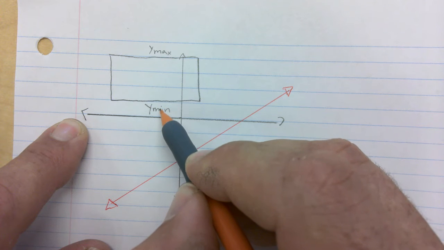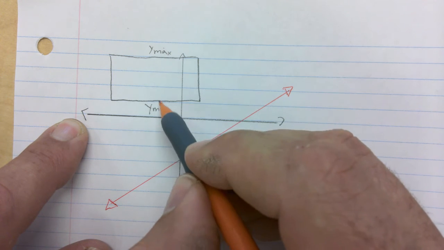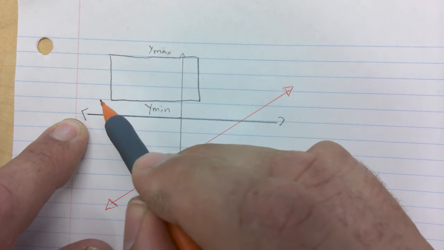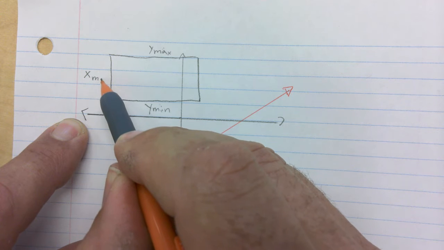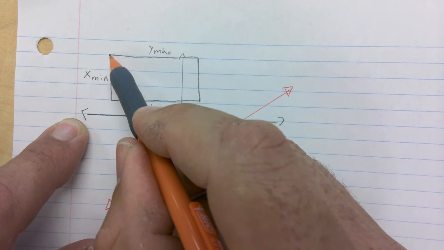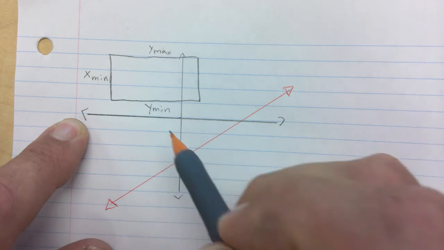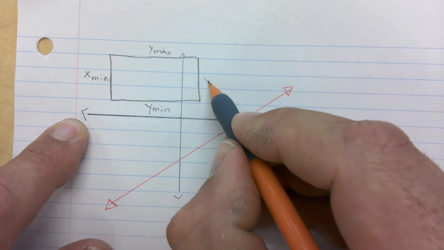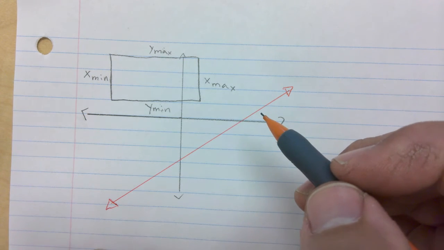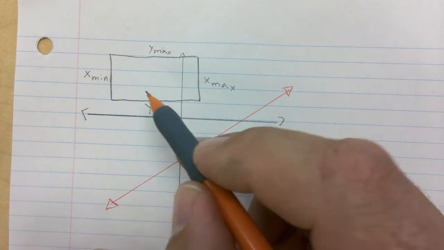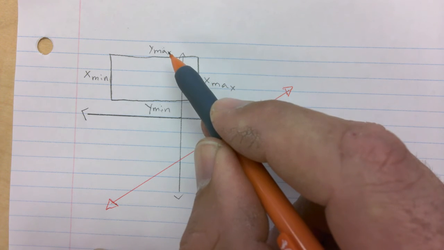So the lowest Y value and the highest Y value are determined by these two values that are set in your window. This would be your X min, right? That tells you how much on this end of the screen you'll be looking at. And this is your X max, right? So X min, X max, Y min, Y max.